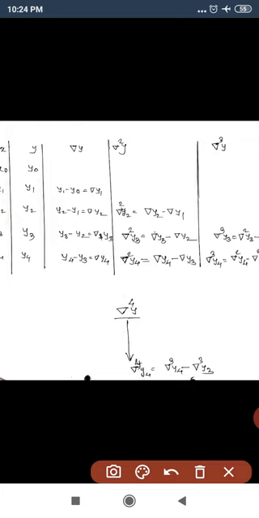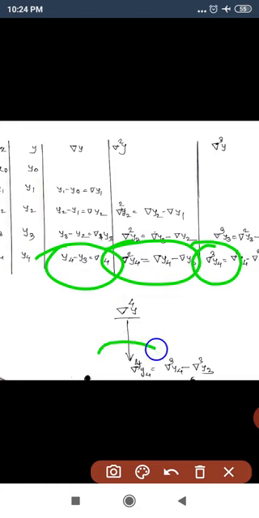Now, in this table, the important values for backward difference table are del of y4, del square of y4, del cube of y4, and del to 4 of y4. In backward difference table, we are taking the last values.